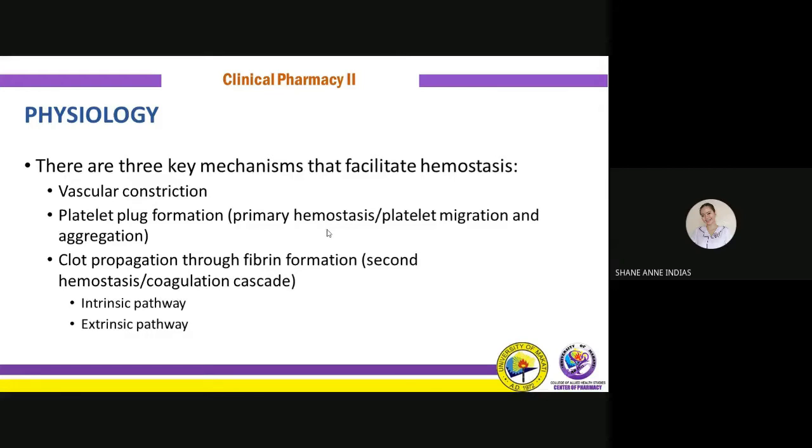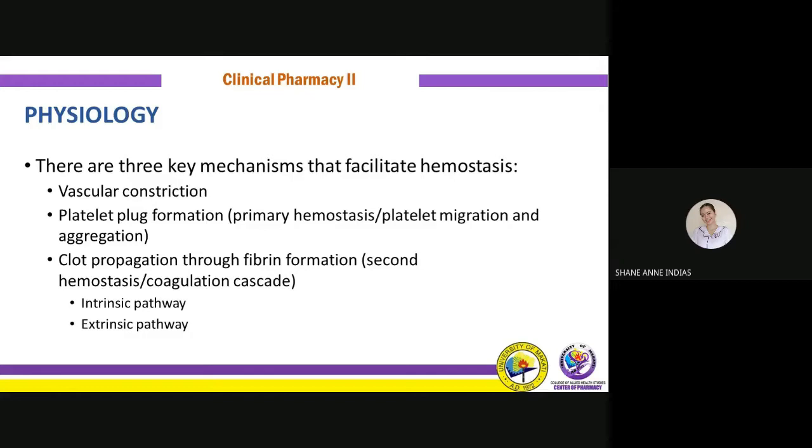Dito sa clot propagation or coagulation cascade na lang para mas ma-familiarize tayo, meron dalawang common, major pathways dito sa coagulation cascade. We have the intrinsic pathway and the extrinsic pathway. Sa intrinsic pathway, ang mga exclusive factors involved dito ay yung factors 12, 11, 9, and 8.